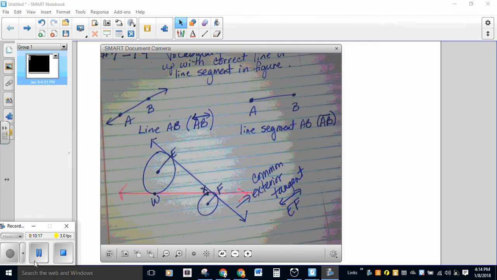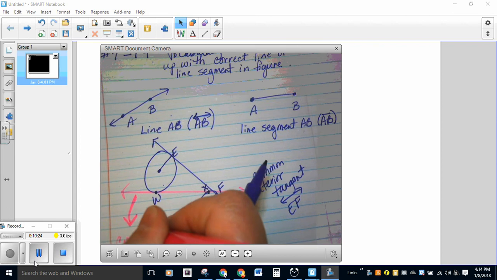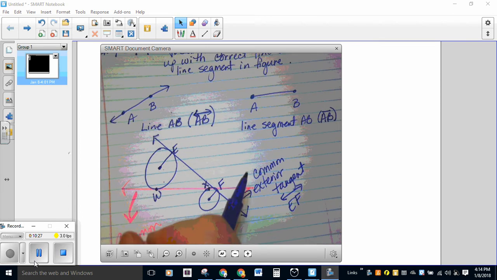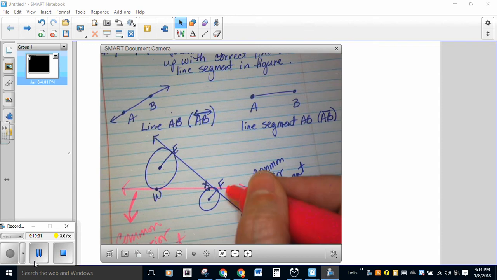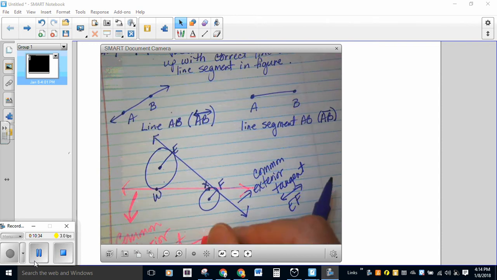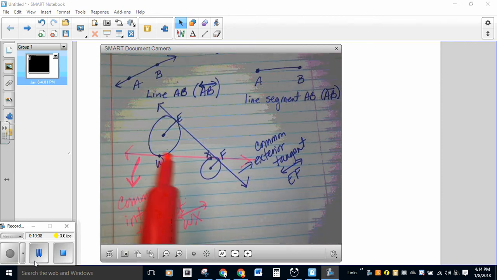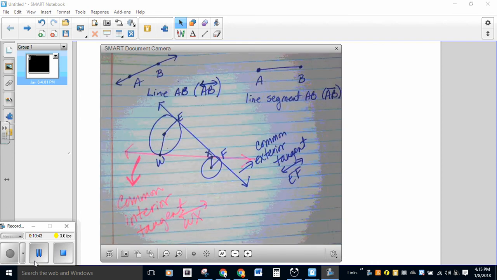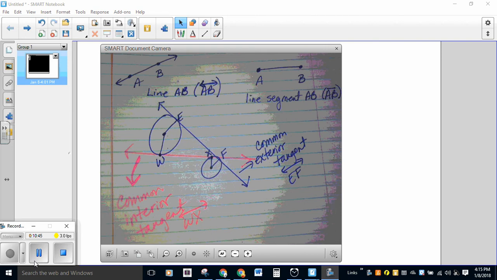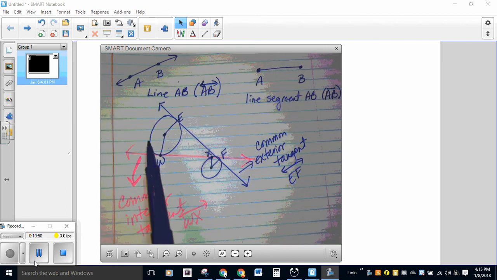So that's going to be the pink line I drew right here. So that's going to be line WX. Okay, so the common interior is the pink line. It joins point W to point X, which are both radii of your circle. Okay, and then because it lies in between the two circles, so it's interior or inside.